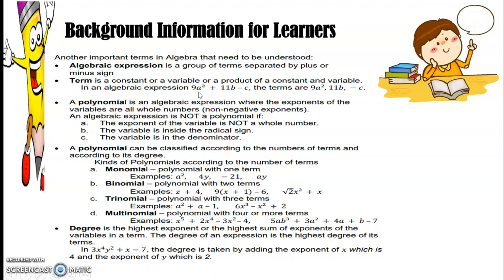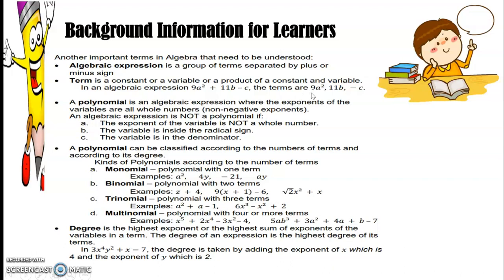So, ang terms sa 9a squared plus 11b minus c are 9a squared, 11b, and negative c. So, kung minus c na lang, we can say this is negative c. Okay? So, amo ni siya ang term.